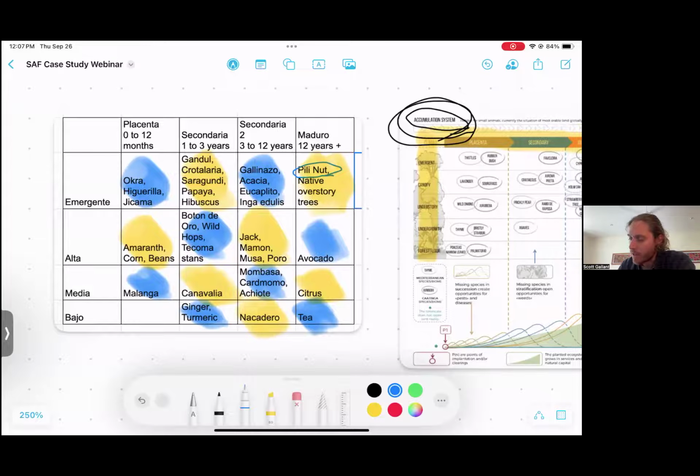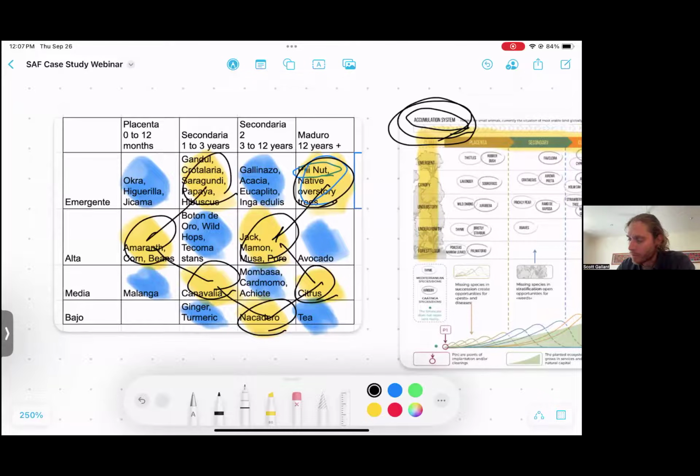So all the plants here are in the same row, same as the citrus, same as this guy, same as this guy. All these guys are planted in the same row together. And all the ones that are in blue are in the same row together. This is how we achieve such high density within a small space in syntropic farming.